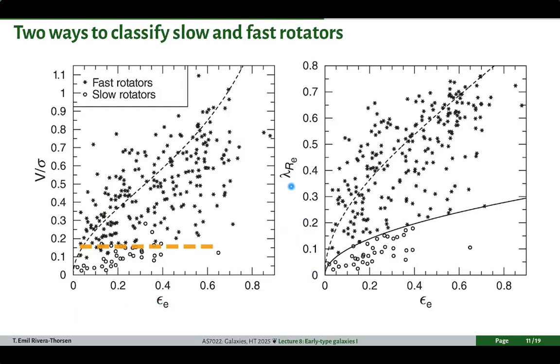Actually, I would guess that they're classified by the lambda RE method. As you can see, this curve here seems to exactly completely split up the population between slow and fast rotators. So I guess that it is just this classification which has been carried over into the diagram over here.